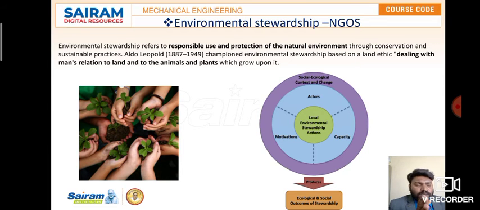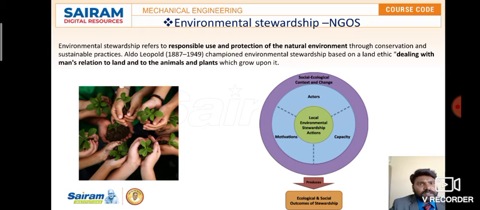So there is a major setback in this environment: humidity increases and the temperature increases, and it is very difficult for us, the human origin, to live with. So how important it is to grow the plants, and how important it is to reduce the depletion of ozone layers. So all these things will come into the picture.